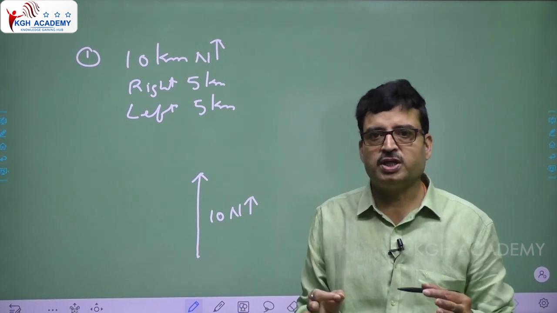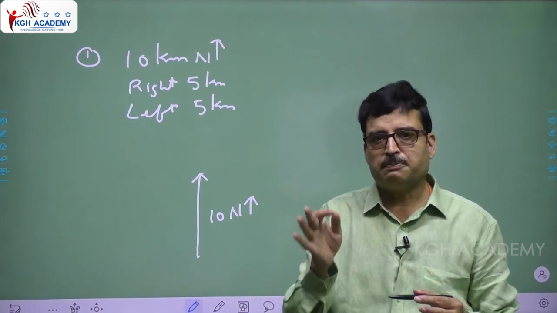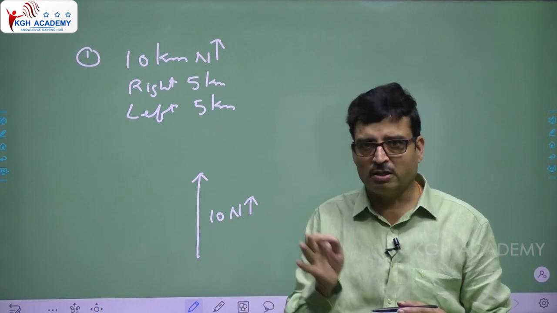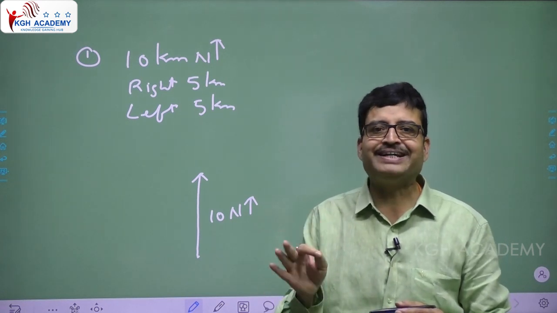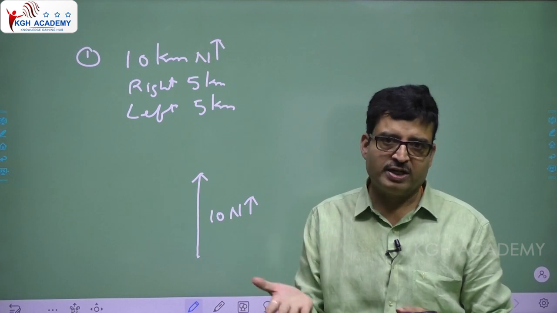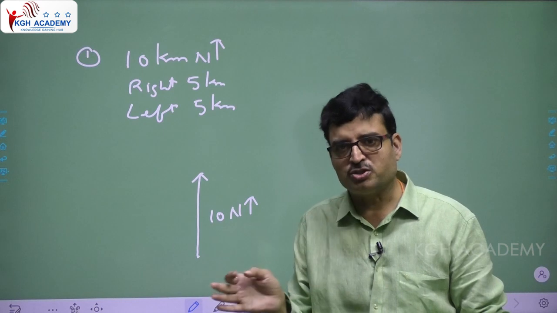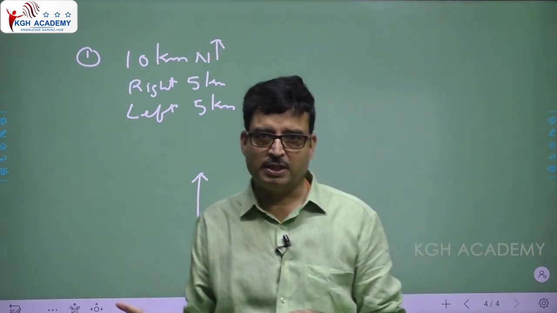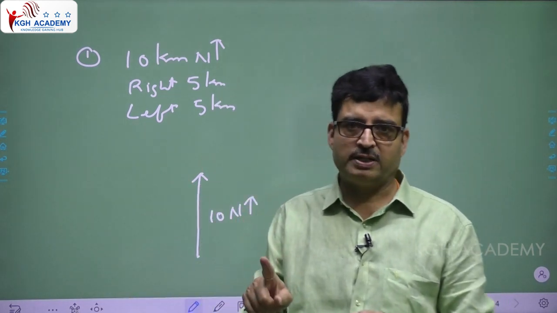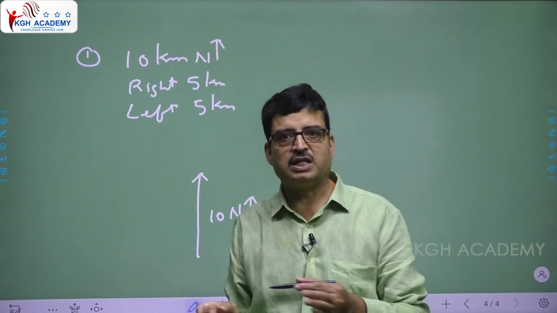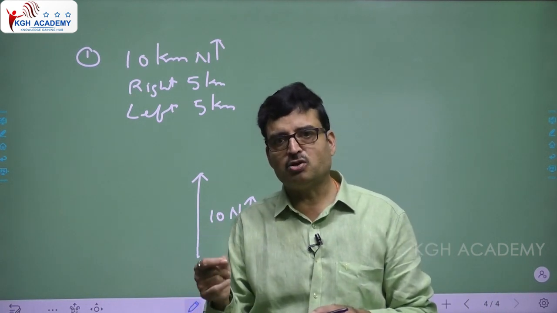Please note, in the question, whenever they say a person turned right or turned left, that means the angle is 90 degrees. When a person is facing north and turns right, you have to take it as clockwise 90. In the same way, when a person turns left, you take it as anti-clockwise 90.